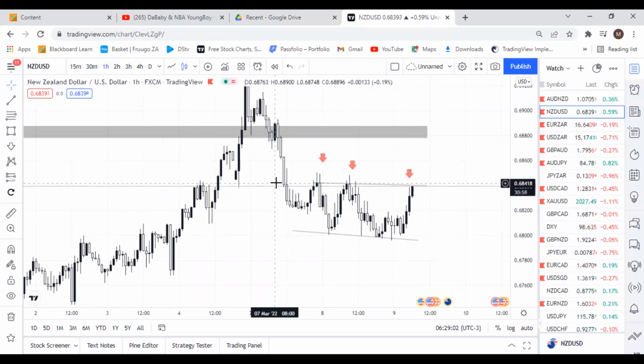Even though your analysis is good, and up to a point everything makes sense, without the addition of those candlestick confirmations or reversals, it still puts you at risk for taking that trade.